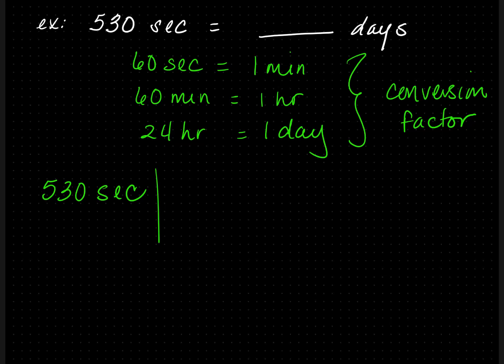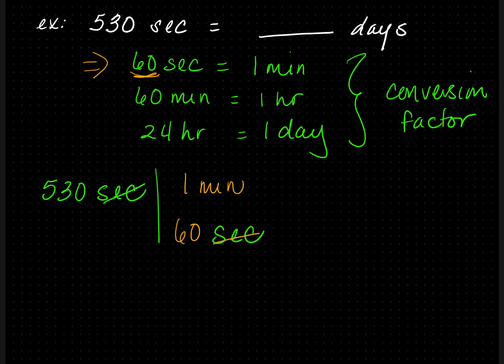So if the unit is seconds, the bottom unit has to be seconds. Now we go back to the conversion factor. The only conversion factor with seconds in it is the top one. The number in front of seconds is 60, so we put 60. This is equal to 1 minute, so that goes on top.